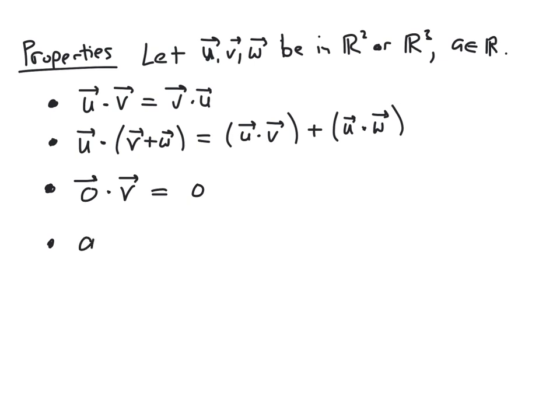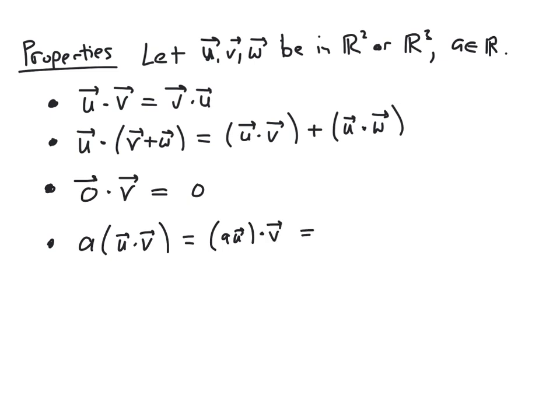If we have a scalar a and we want to multiply that times a dot product like u dot v, we can do a couple different things. We could first scale u by a and then dot product that with v.